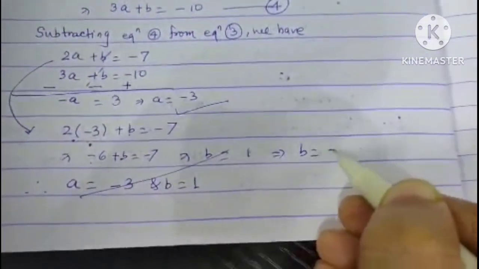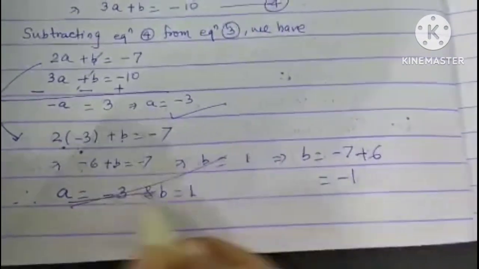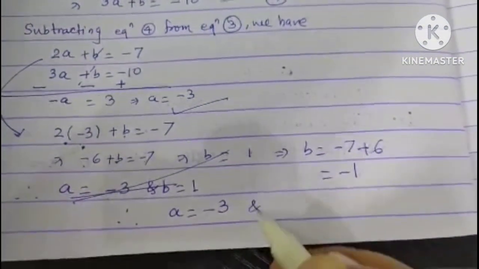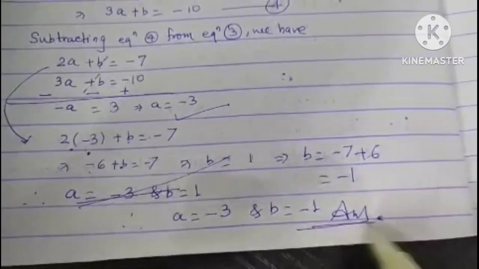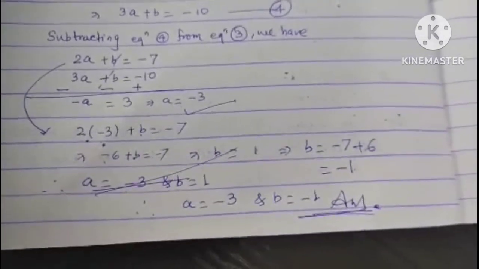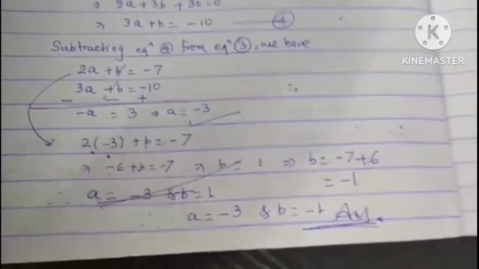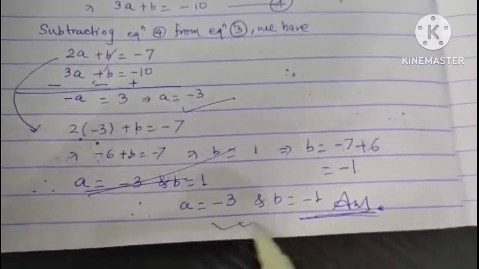This implies b equal to minus 7 plus 6, that is minus 1. So a equal to minus 3 and b equal to minus 1. This will be our answer. We have to do it minutely because a minor mistake can make your solution incorrect. So this is the right answer.